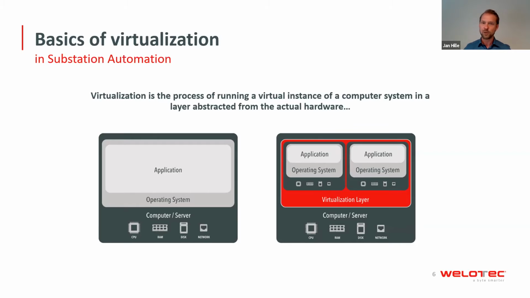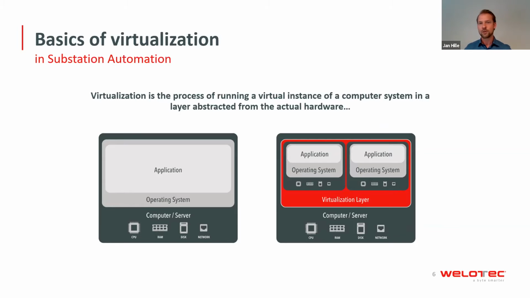This can, in fact, be one virtual computer or several virtual computers. It depends a little bit on the application's needs and also, of course, on the resources you have available on your server hardware. So these virtual computers are now pretty much handled like classic physical computers. You are installing your operating system inside. It might be a Windows operating system or Linux operating system.